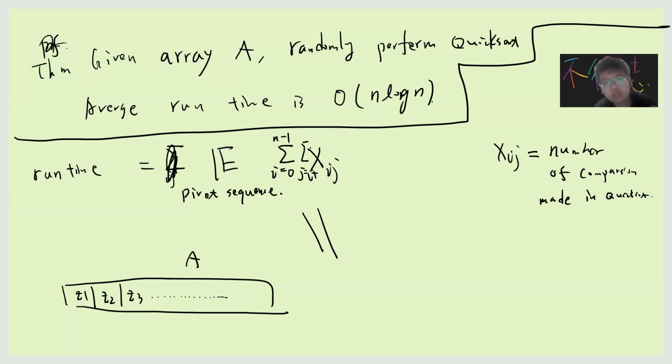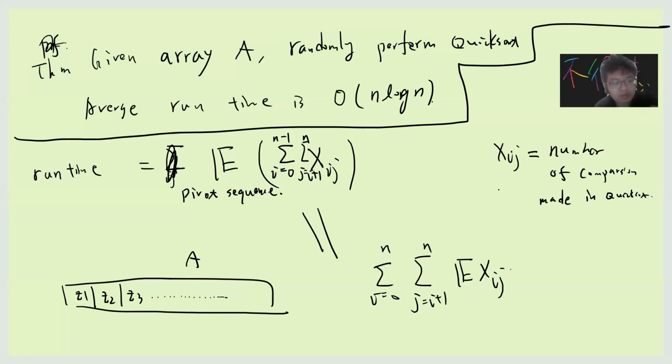The reason is that we already compared the pair, right? So we don't need to repeatedly compare. Okay, and the expectation value is linear. So all I can do is write the following: i from 0 to n, and then j from i plus 1 to n, and the expectation value of this X_ij.